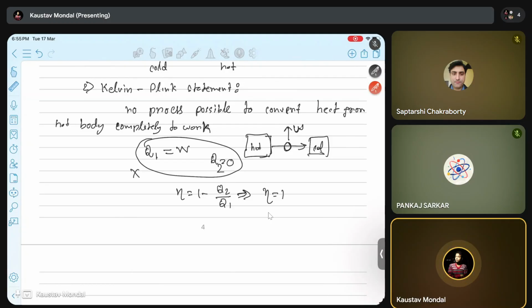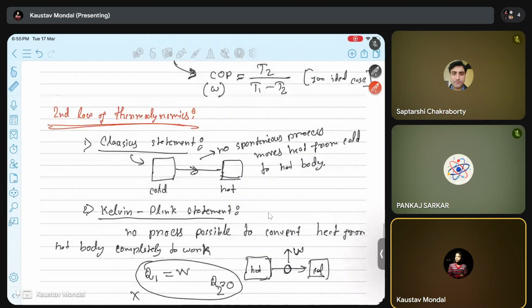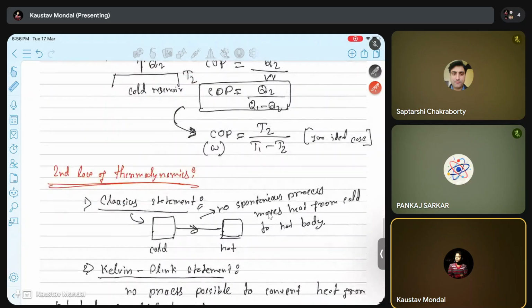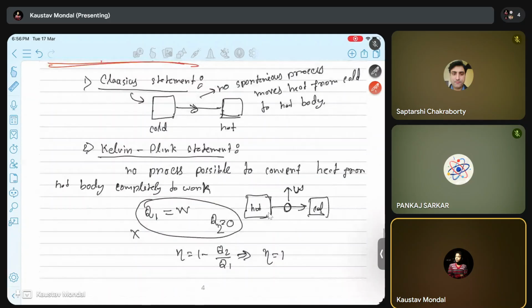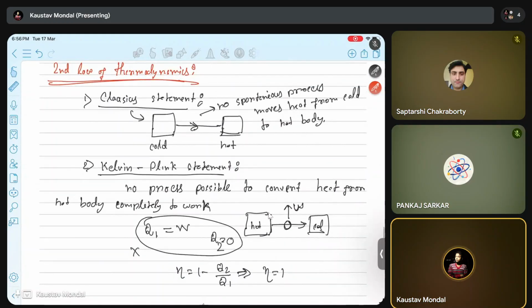During some work, it will lose some of its energy as heat. These are basically the two statements of the second law of thermodynamics.